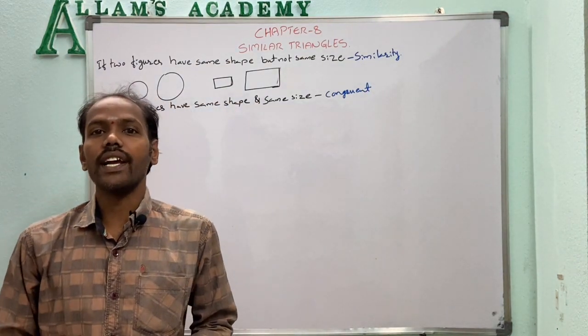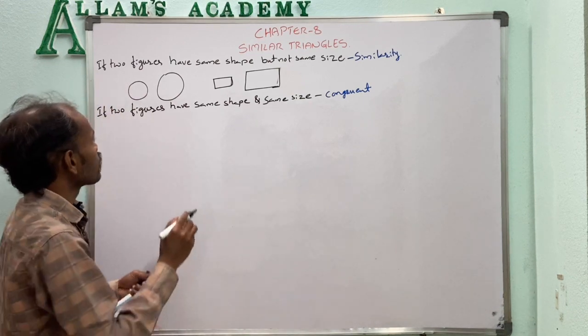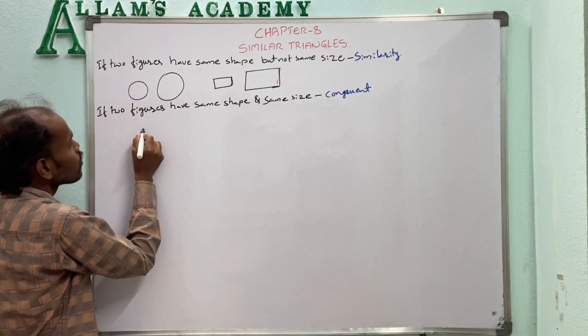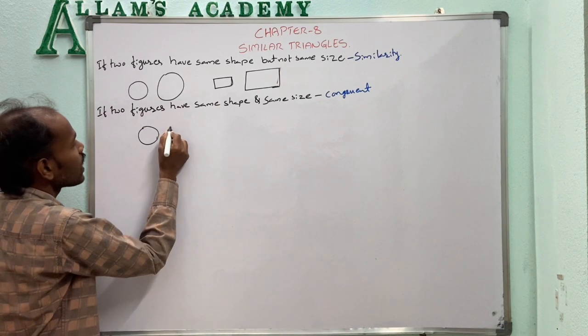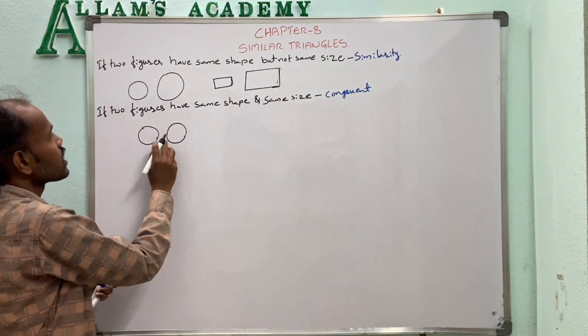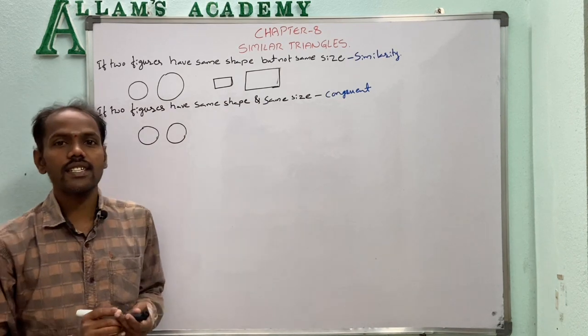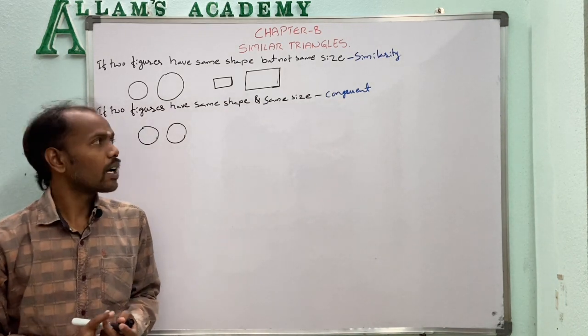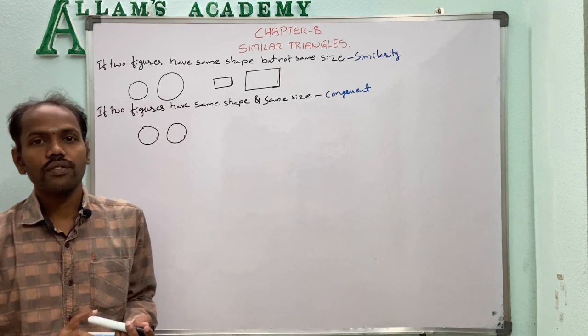Same shape and same size. So if two circles are drawn with the same radius, then their shape is the same and size is also the same, so they are congruent figures.